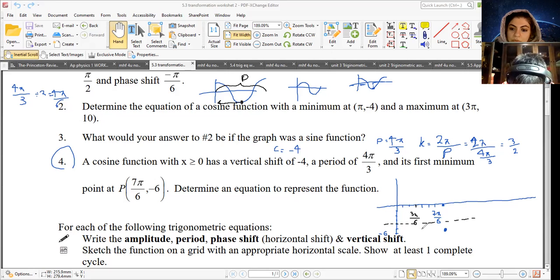Means my amplitude is what? My amplitude is going to be 2 because my minimum is at -6. The distance between the minimum and the axis of symmetry is 2. I have to go 2 up to get my maximum. So basically it is here. If I want to graph it, half of that, 1, 2, 3, 4, I'll get something like this.